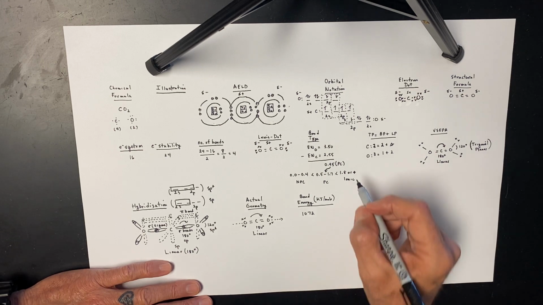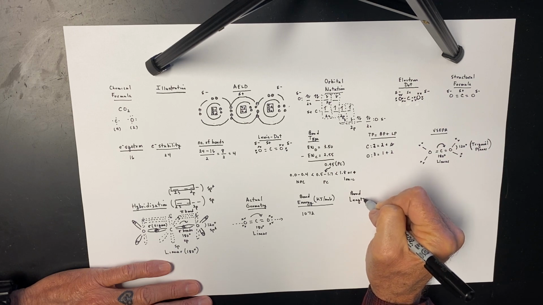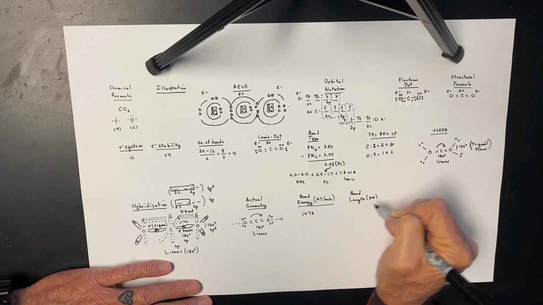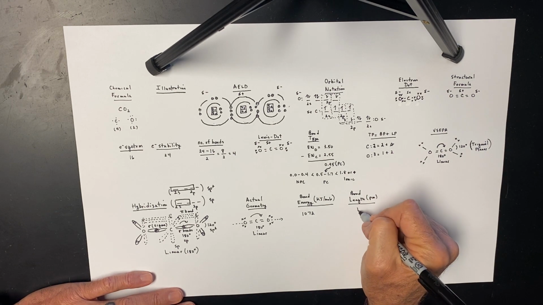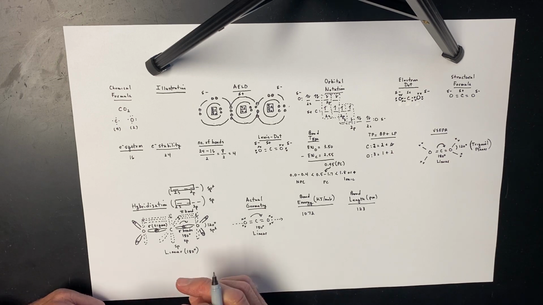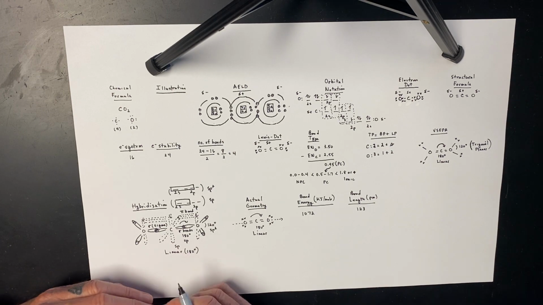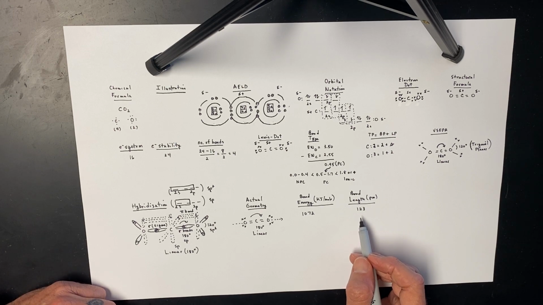That's the energy that must be released when the bond is formed, or the energy that must be supplied to break the bond. In terms of bond length, as we discussed in class, bond length is typically provided in picometers. The bond length is 123 picometers, which is shorter than the carbon-carbon single bonds, because as you add bonds between carbons, or between carbon and oxygen, the carbon-oxygen single bond is much longer than the carbon-oxygen double bond.